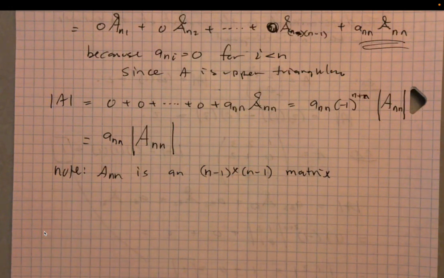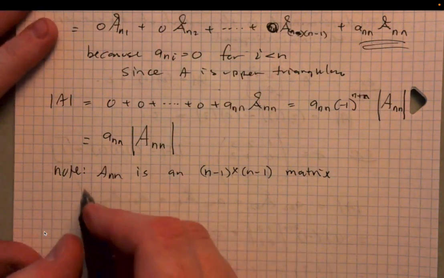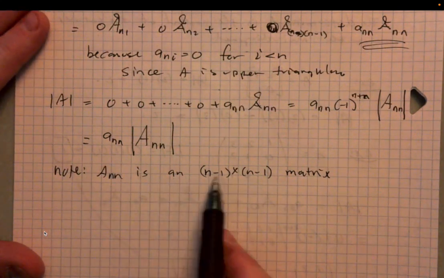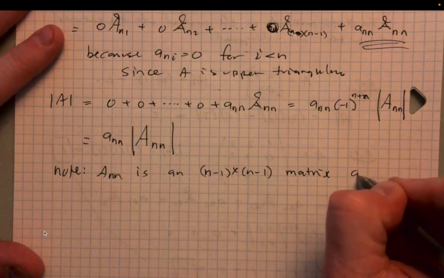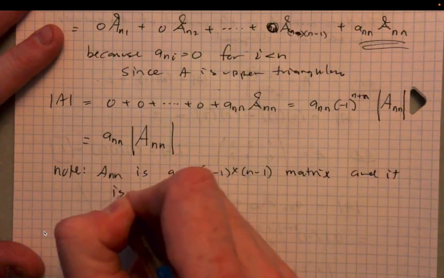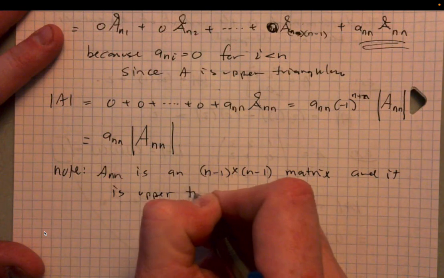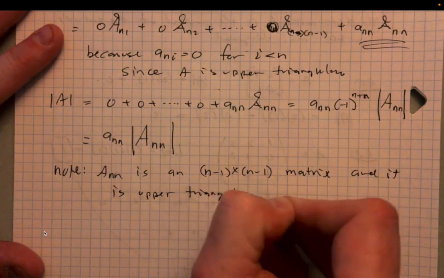Well, that n minus 1 by n minus 1 submatrix is upper triangular also, because A is upper triangular. And so by the induction hypothesis, ANN is an n minus 1 by n minus 1 matrix, and it is upper triangular, right? Is that clear?